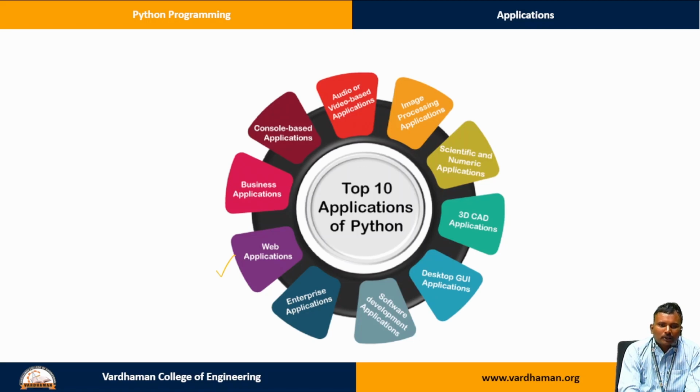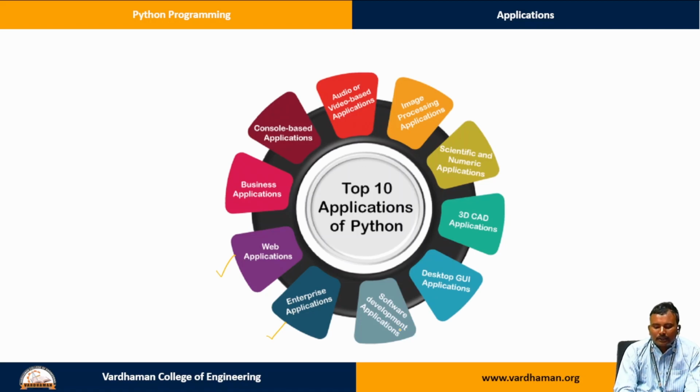Such types of applications can be developed using Python. Then enterprise applications, for any organization we can design applications using Python which serve the purpose of the particular application, like ERP applications.